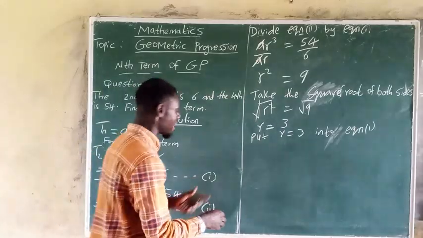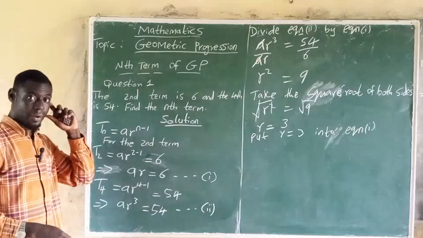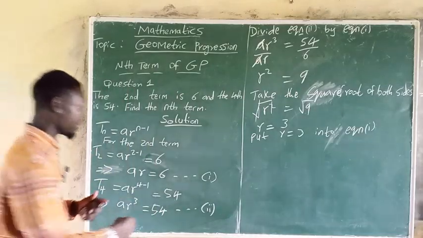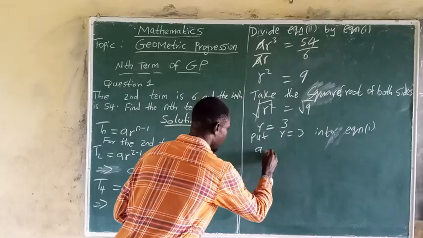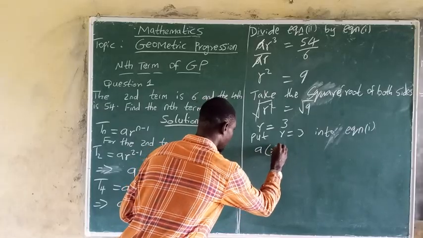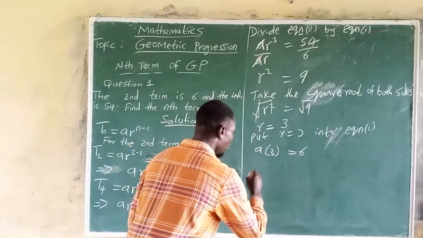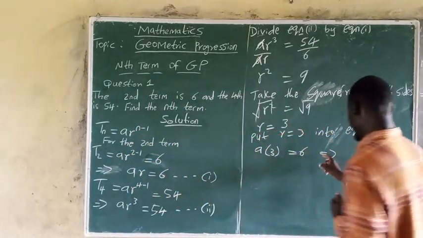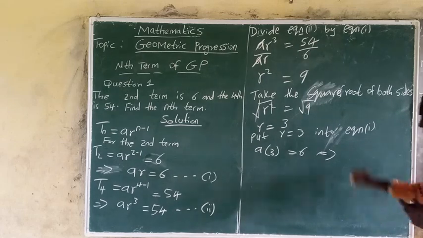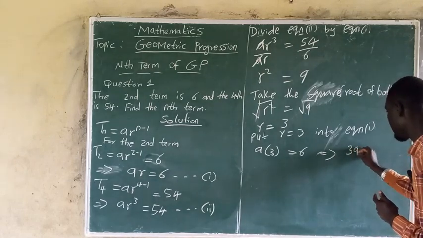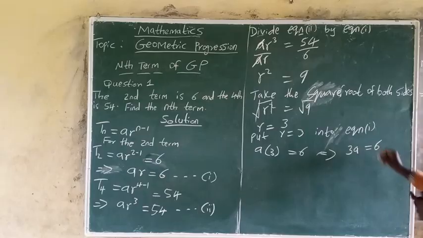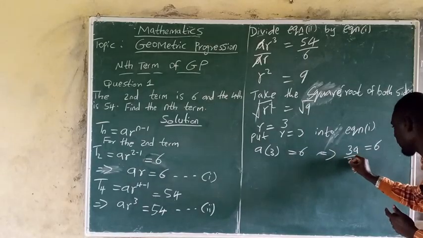Look at our equation 1. That means anywhere we see r, we replace it with 3. That's what they mean. So a is multiplied by 3, which is equal to 6. This implies that you have 3a is equal to 6. You divide both sides by 3.